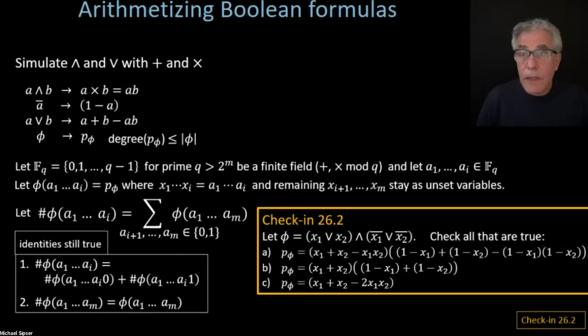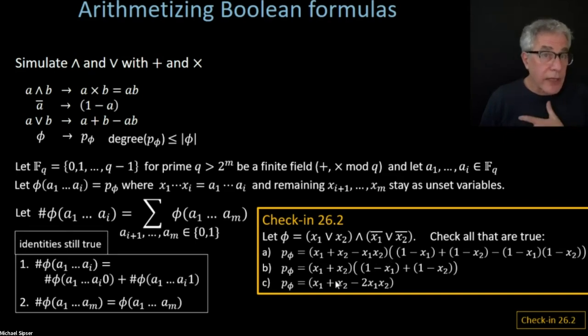Okay, I'm going to close this down. So are we all in? Yeah. So A is the correct answer. A does the arithmetization according to the recipe that I just described. Because if you look at x1 or x2, you can check it in the very first part of the polynomial: it's x1 plus x2 minus the product x1 x2.